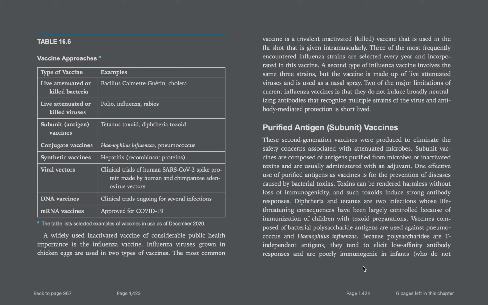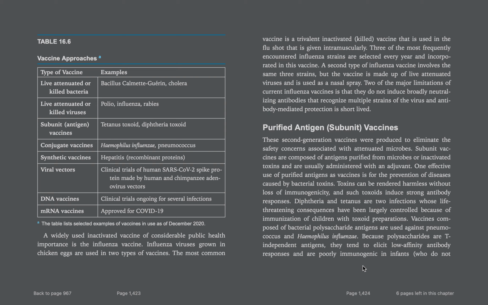A widely used inactivated vaccine of considerable public health importance is the influenza vaccine. Influenza vaccine grown in chicken eggs is used in two types of vaccine. The most common is a trivalent inactivated killed vaccine, given intramuscularly.